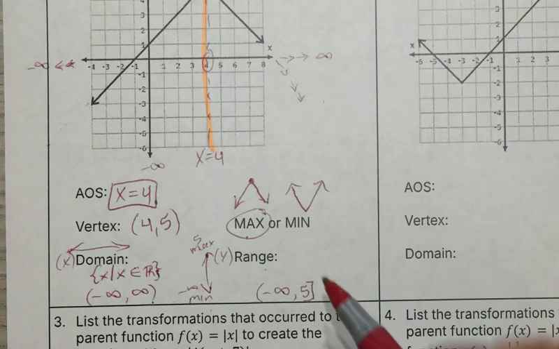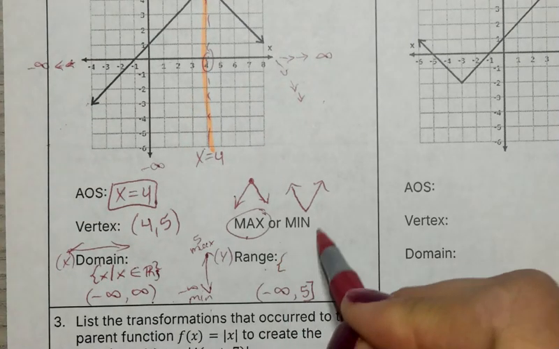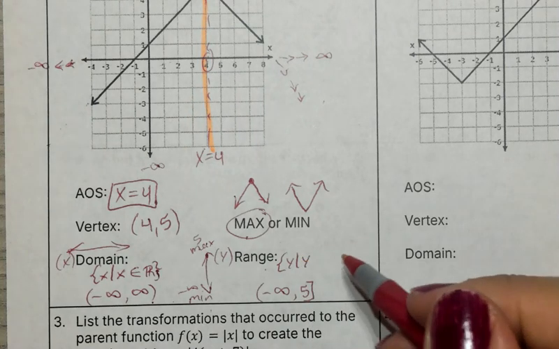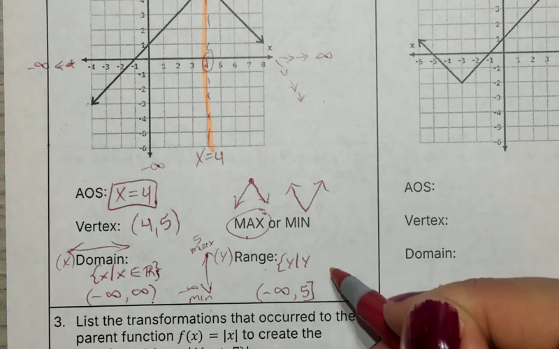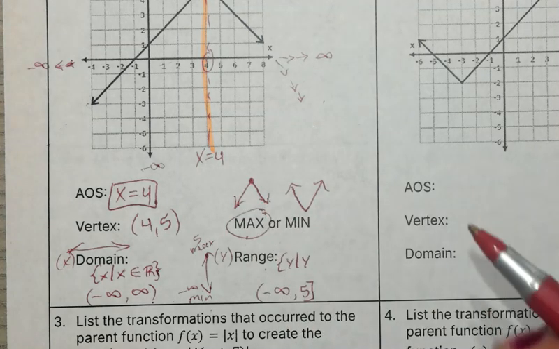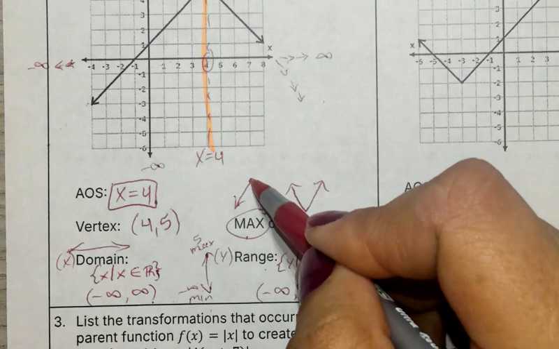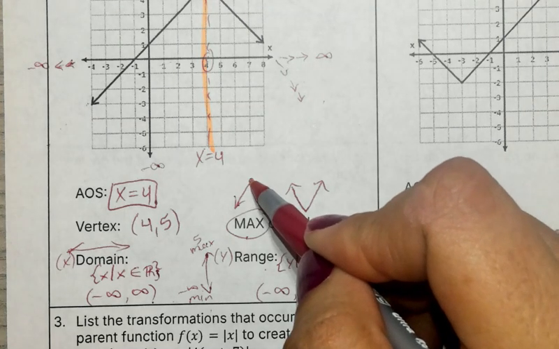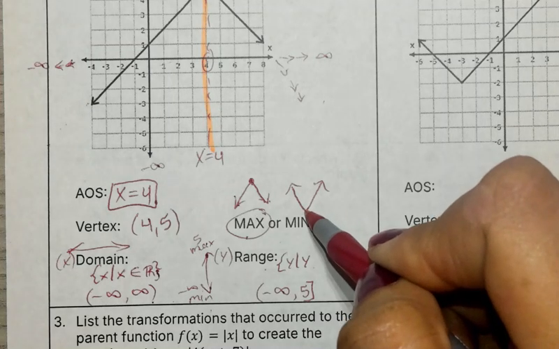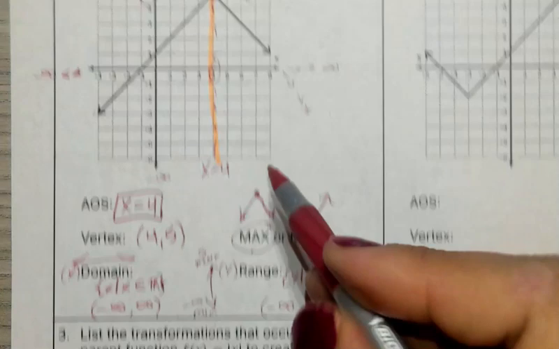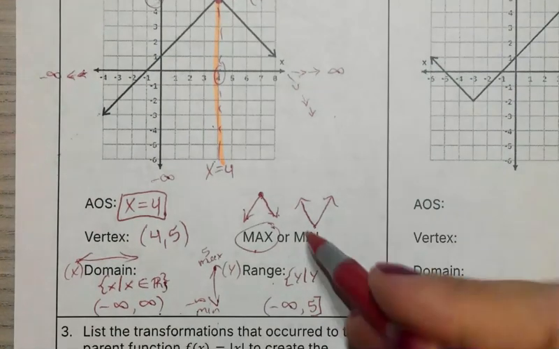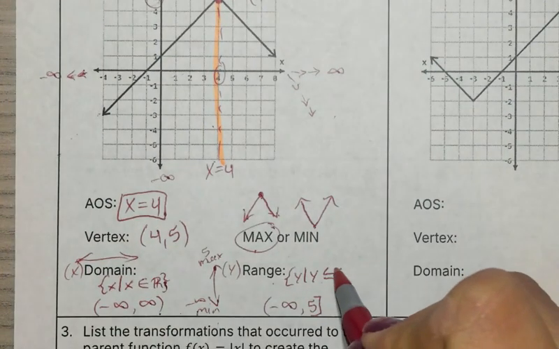So for set builder notation, we're going to write braces y such that y, and you just have to decide whether you're going to write less than or greater than. If you have a maximum value, you're going to end up saying that you have values lower than that. If you have a minimum value, you're going to say you have values greater than that. So in this case, we have a maximum of 5, which means we have values less than or equal to 5.